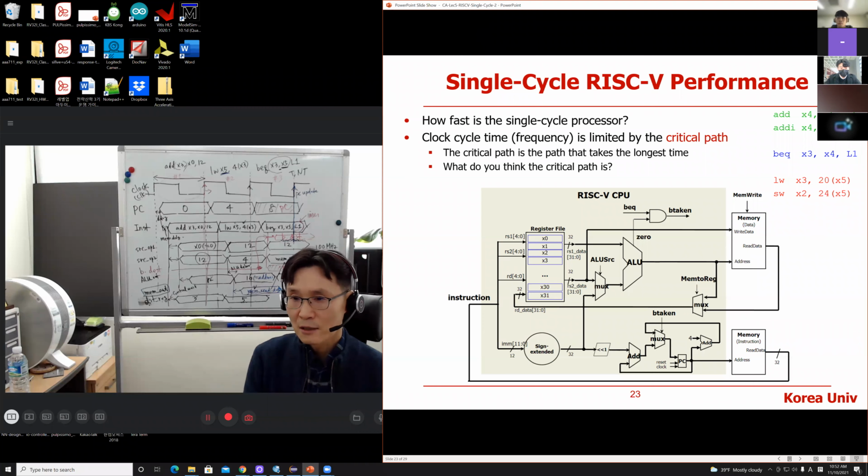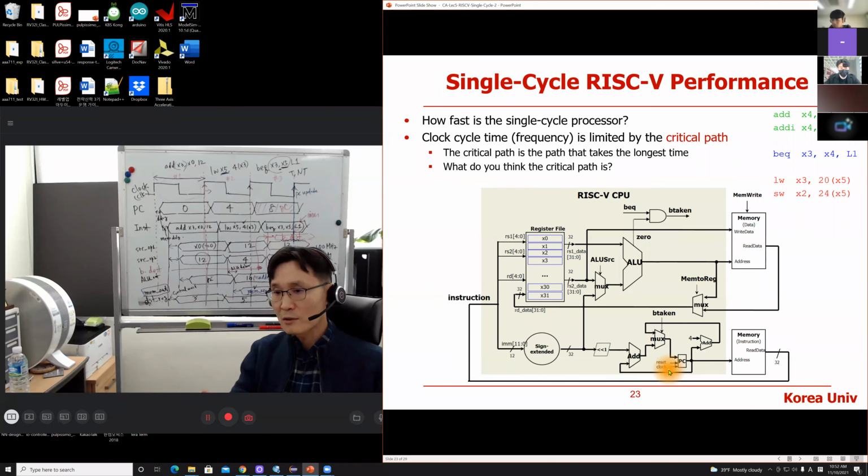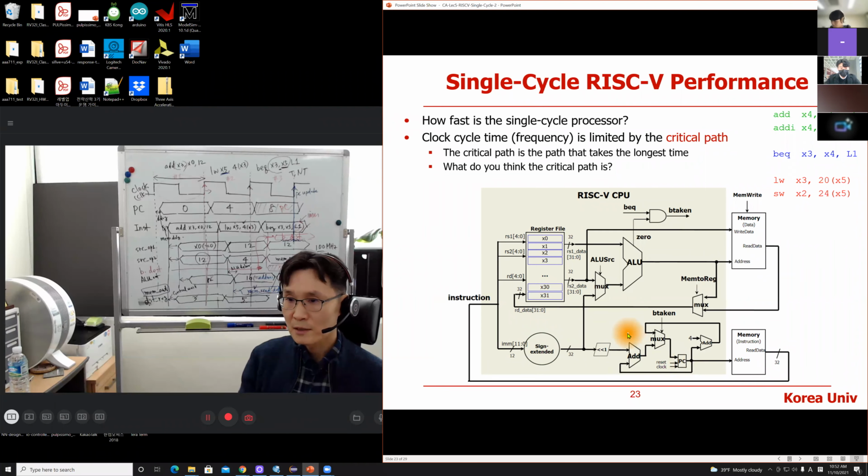Okay. Look at this schematic diagram. By looking at this, program counter is the first one taking clock, right? Program counter is designed with flip flop. Flip flop is taking clock as an input. And next one is what? Memory update, right?